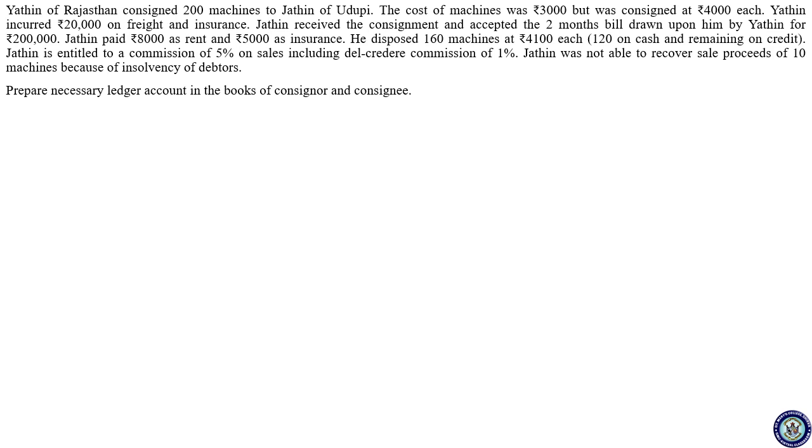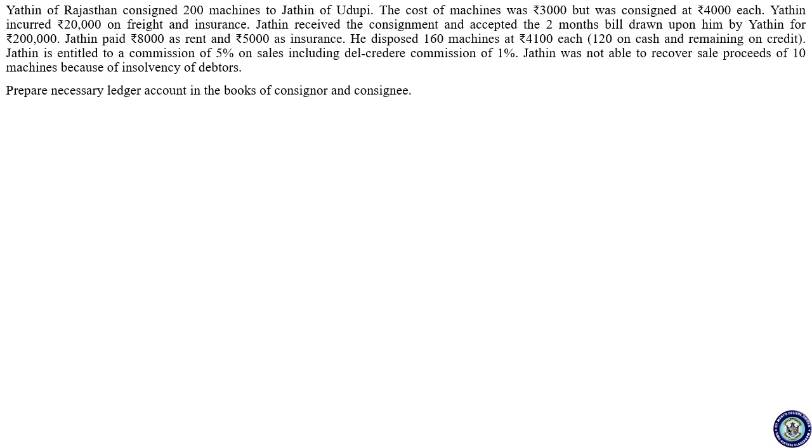If they ask for necessary ledger accounts, then you have to prepare all the ledger accounts. If any of the ledger account information is missing, then there is no need to prepare that ledger account. In this problem abnormal loss information is not there, so no need of preparing the abnormal loss account, but the other things you have to prepare.